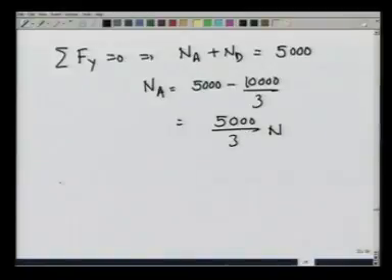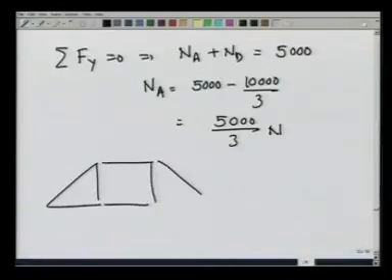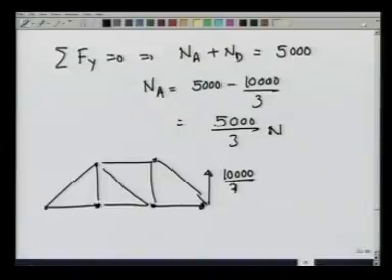So, now if I look at this truss, let me try to make it to scale. Now, I know there is a force acting here 10,000 newtons over 3. There is a force acting here downwards 5,000 newtons.